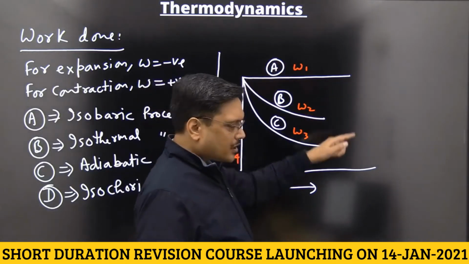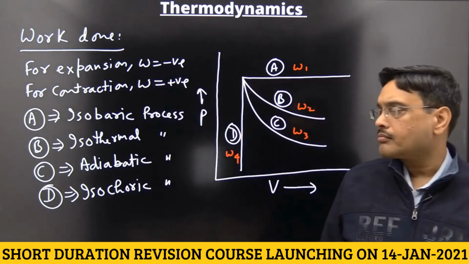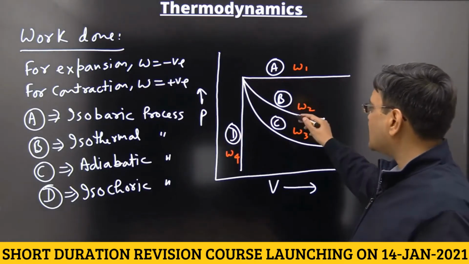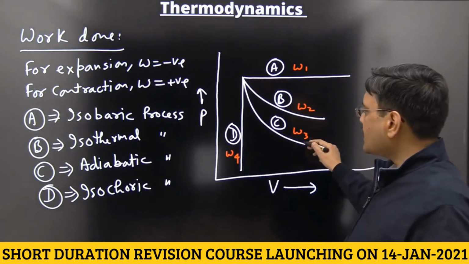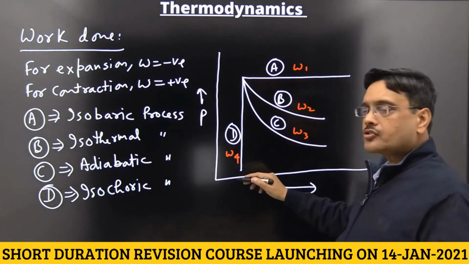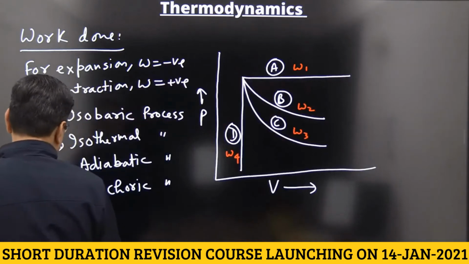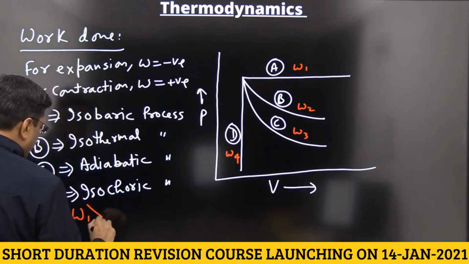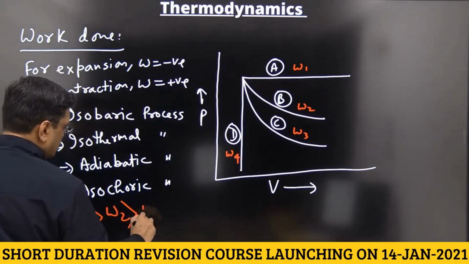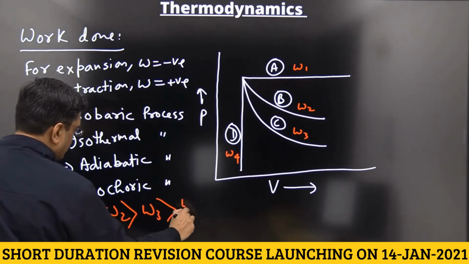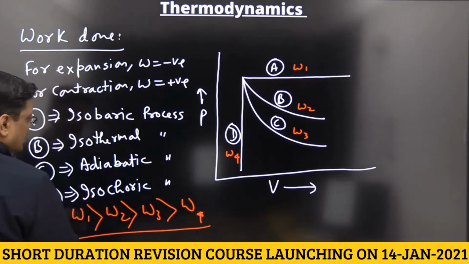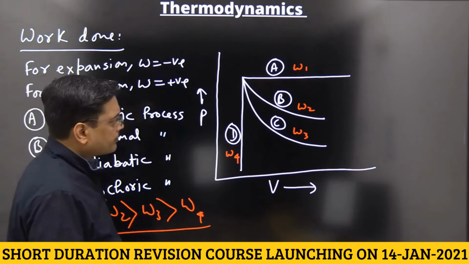So maximum work done is in the isobaric process, then isothermal, then adiabatic, and in the isochoric process zero work done is present. So the order of these work done is W1, W2, W3, W4. All questions are based on these concepts.